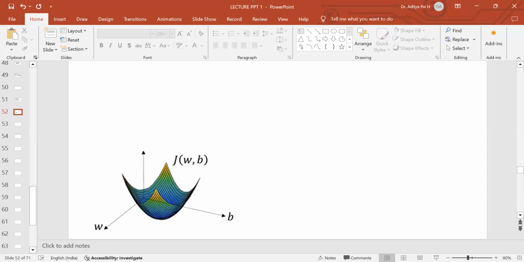Now let's consider this, where J is a function of W comma B and we initialize W and B values somewhere here. What we are supposed to get is the minimum cost function over here, and this is nothing but our convex function.